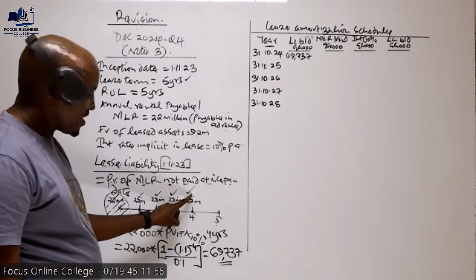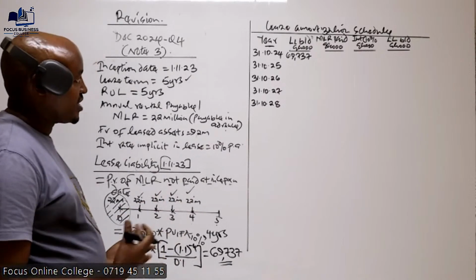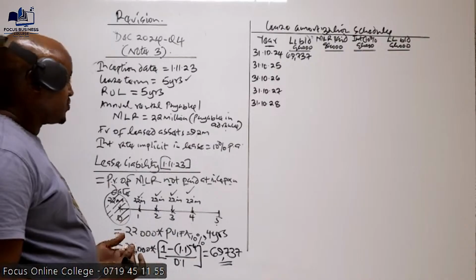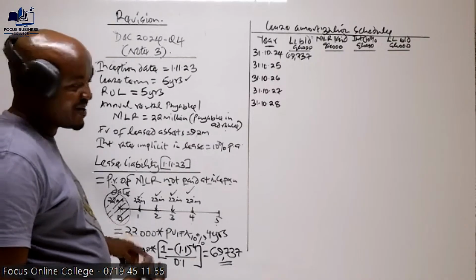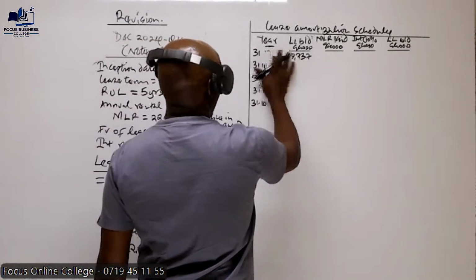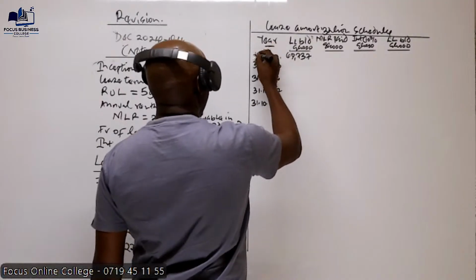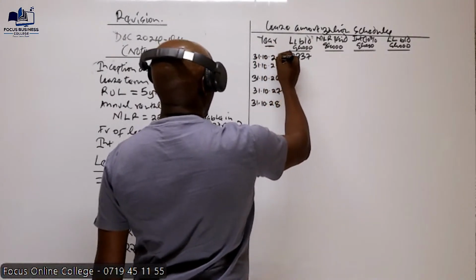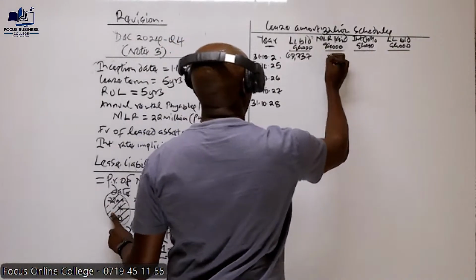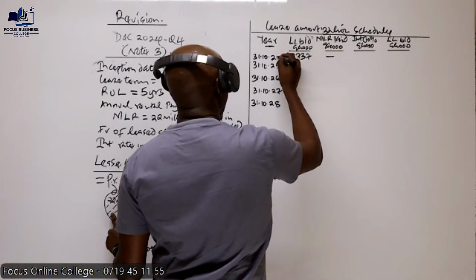Is it part of this amount? No. So when preparing your lease amortization schedule, don't include that amount here, because they're not part of this liability.